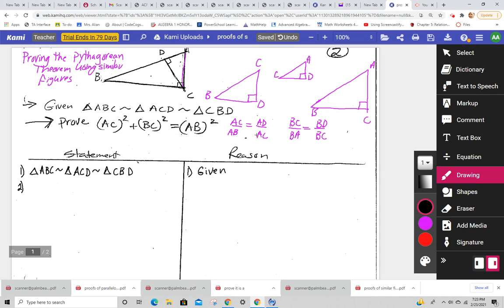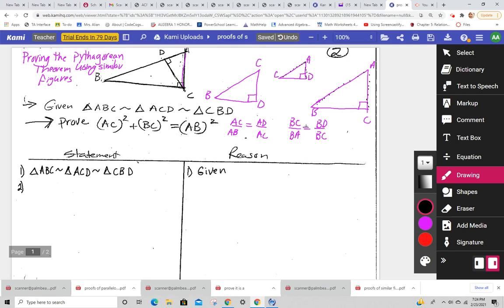Let's look at this proportion here. AC is to AB just as AD is to AC. So that's where this proportion comes from.